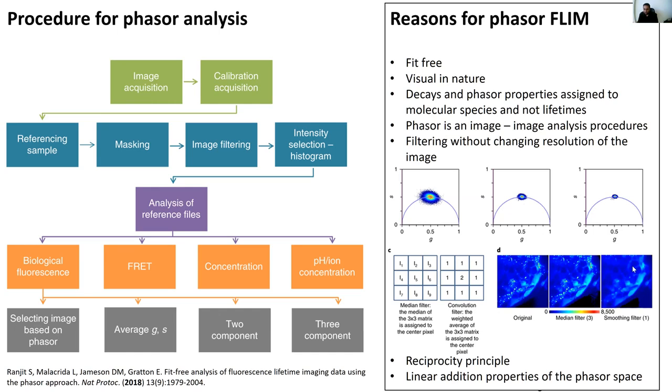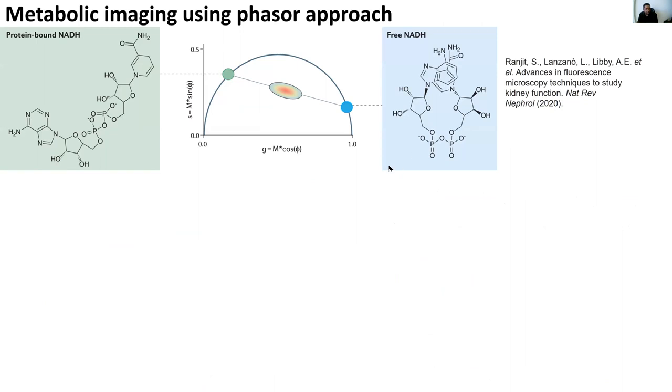In comparison, if you do a smoothing filter, the original image loses its ability to look at that, right? And then the reciprocity principle, which we talked about a little bit ago, and the linear addition properties of the phasor space.